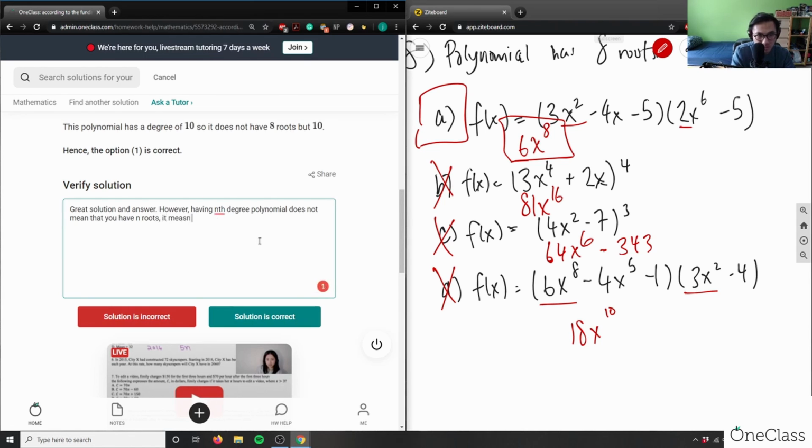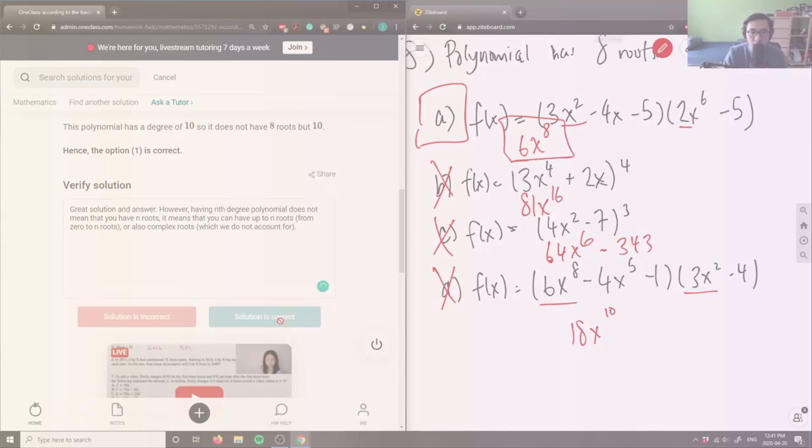It means that you can have up to n roots, from 0 to n roots, or also imaginary roots, or I can say complex roots, which we do not account for. Okay, sweet. So the solution here is correct.